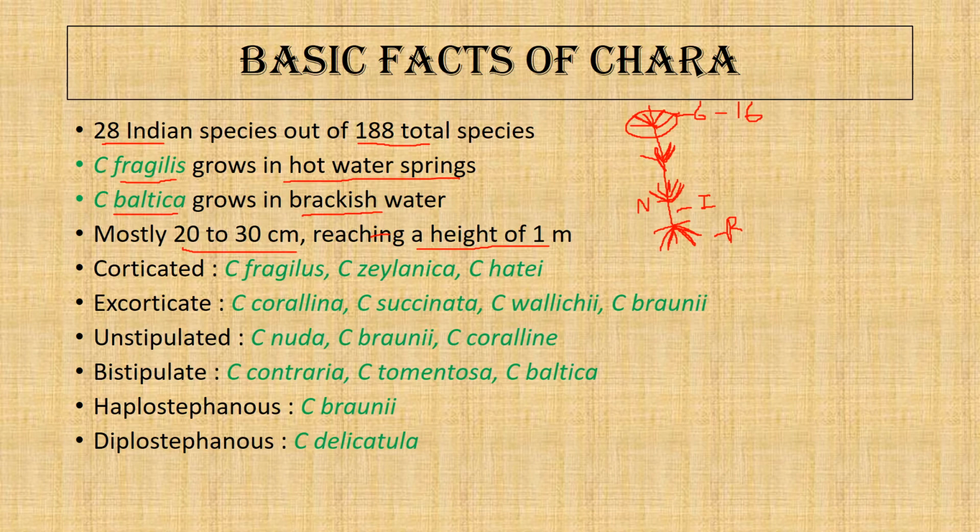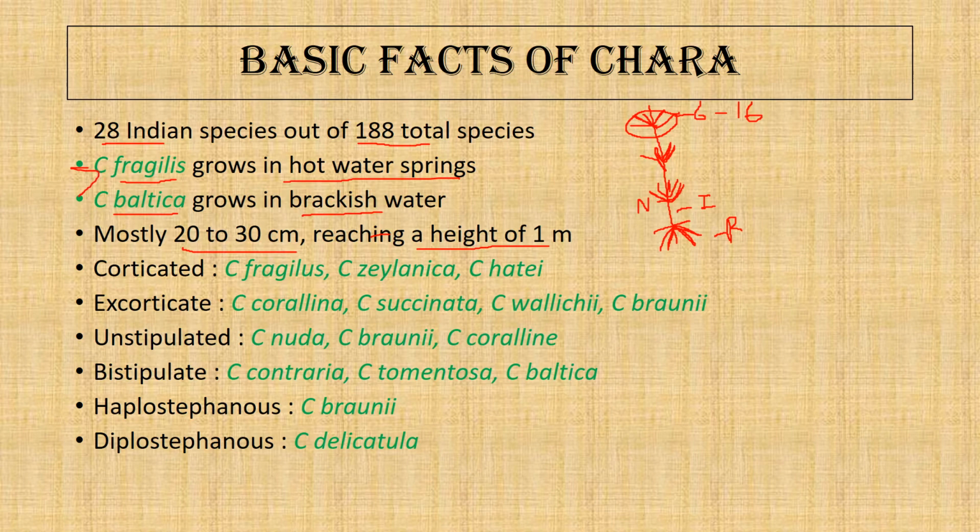So this is the basic of Chara, just a revision. But if you want detailed information about the morphology of Chara, I have made a video, Chara part 1, where I have discussed the morphology in detail, as well as its ecological and economic importance. So I'm not going into the basic detail again.